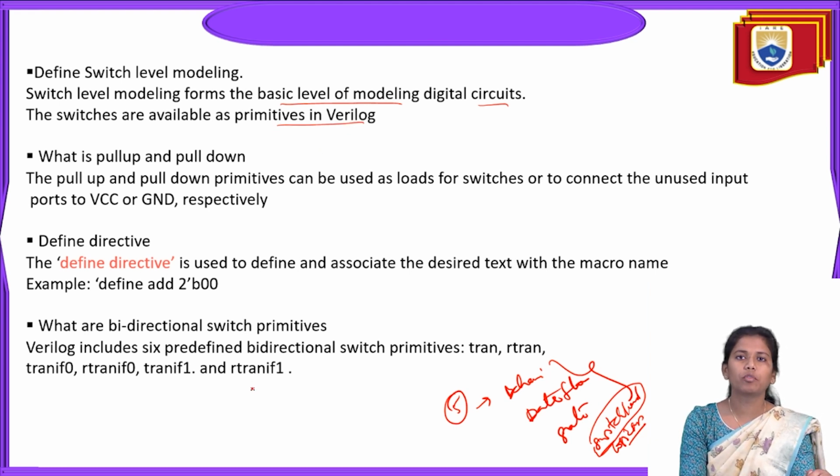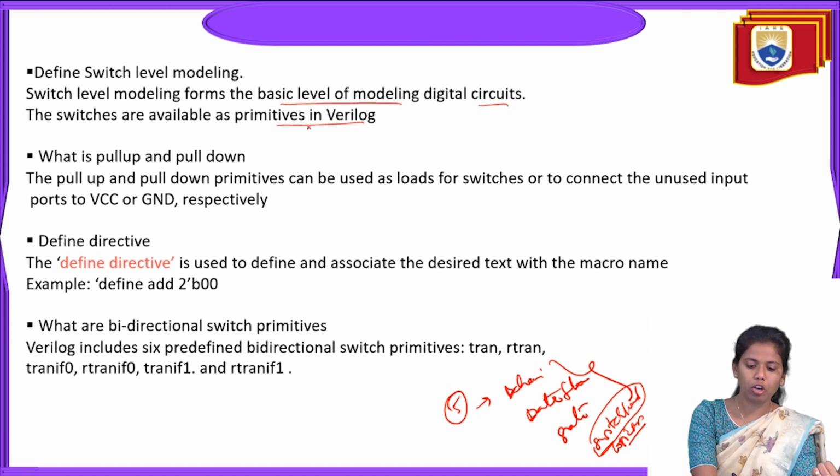As it is one of the major abstractions in Verilog, the different digital circuits are described, or constructed, based on different switches, and those switches can be taken from the Verilog primitives.